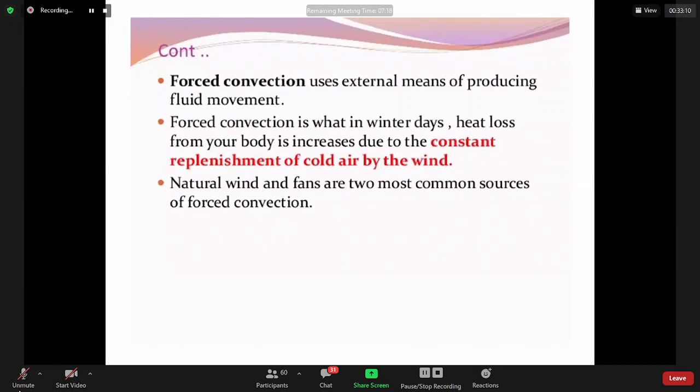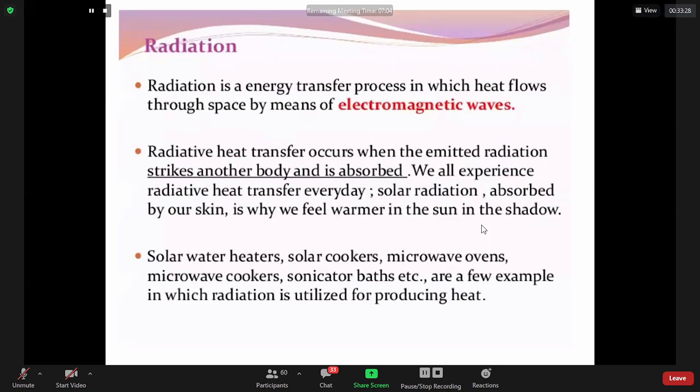So in this case, the fan forces the cool air to come onto your body. Then the natural wind, as it blows around, you feel that your body is cool. And there is some external force.